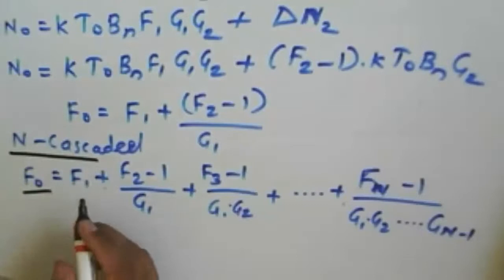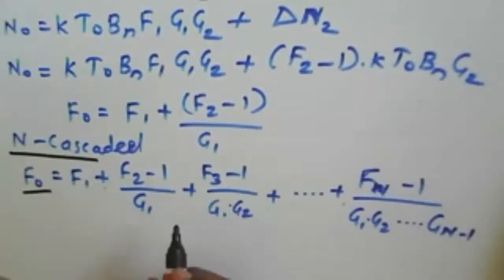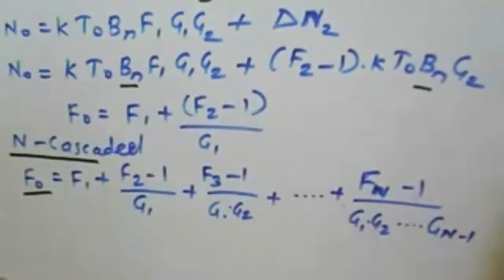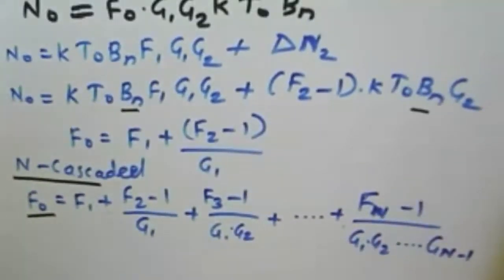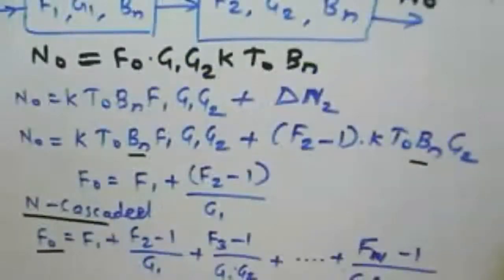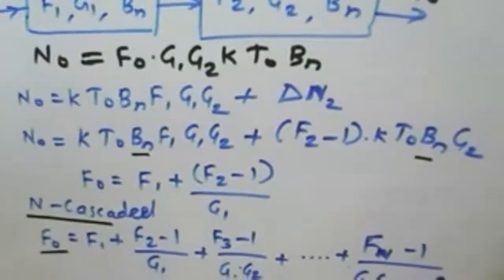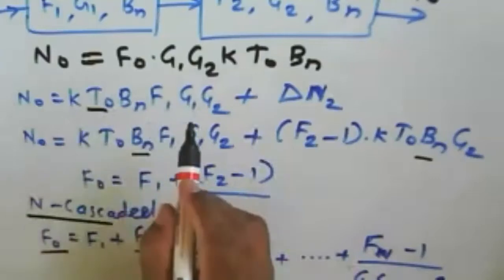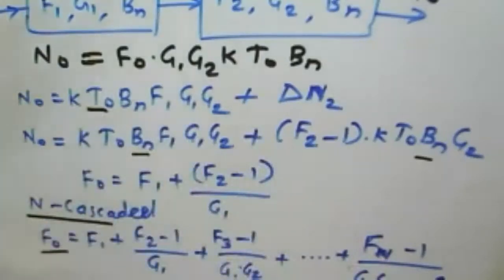But in the expression, if you see here, we have considered that Bn will be a constant noise bandwidth, the same, because bandwidth is not affected, and again we have considered that the temperature for each and every device is the same here. Okay, ambient temperature here.